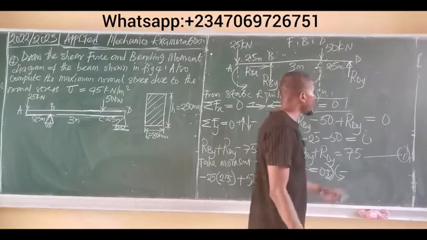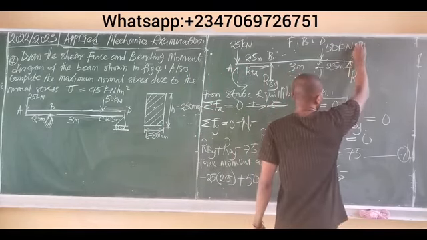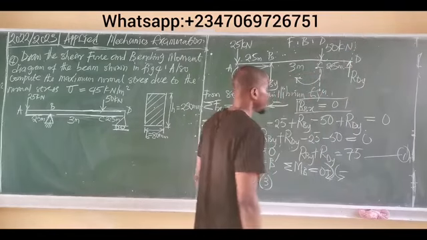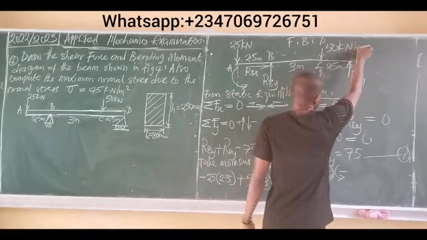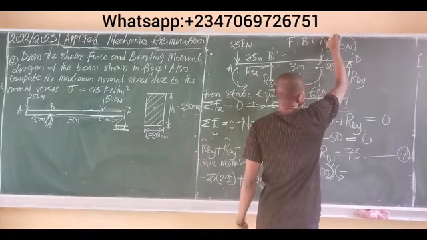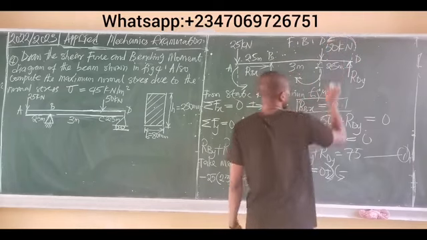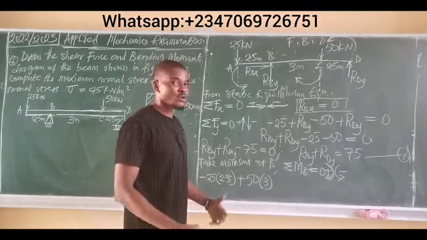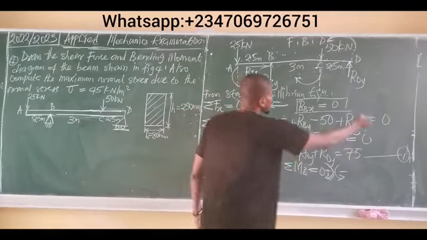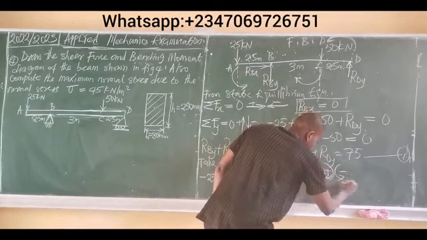Finally, you have RDY pointing upwards. That means the line of action of this force will move towards this direction, and since this force is moving upwards, it will turn in this direction to take moment at point B. Is this clockwise or anti-clockwise? If you check, this is anti-clockwise.